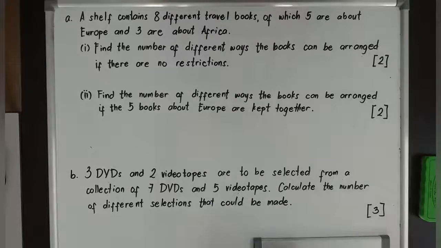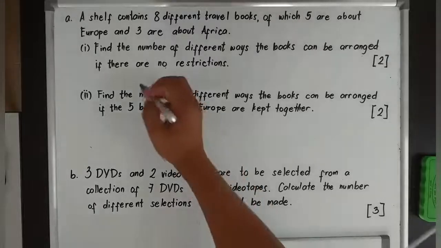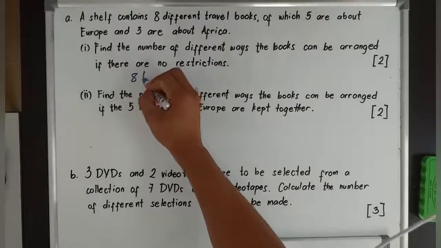So it means I am just going to get the factorial of how many are the books. The books are 8. So basically, I'll just bring in 8 factorial.